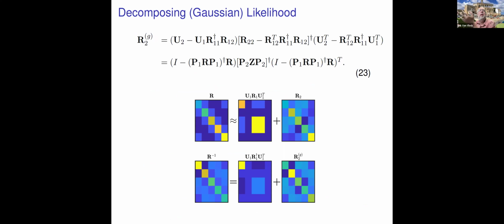The plot here is a little schematic. We're reproducing the whole inverse of R, but not necessarily reproducing all of R. And so it's the R inverse that we use in the likelihood, and the R that we're really using for sampling.